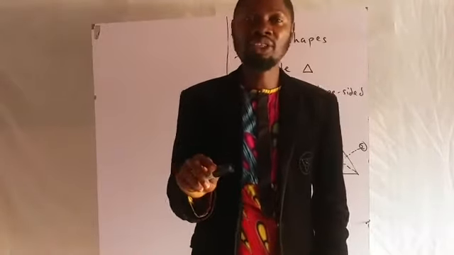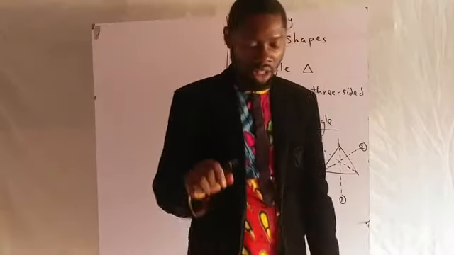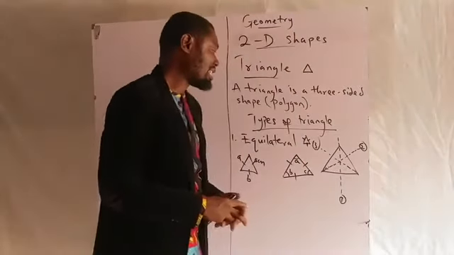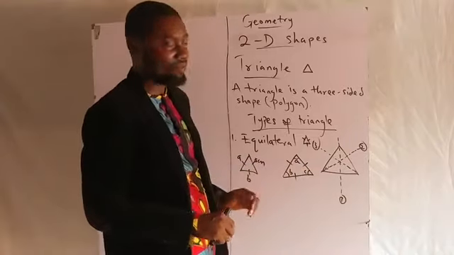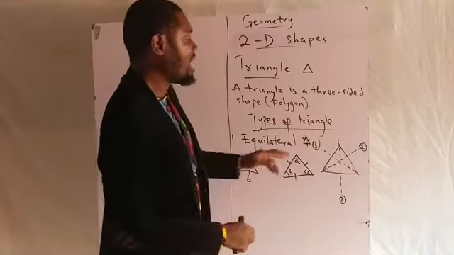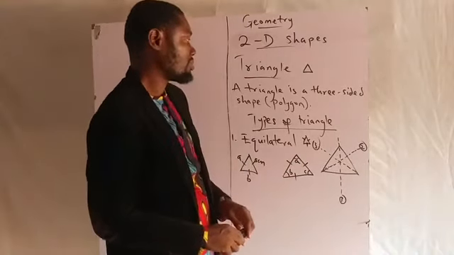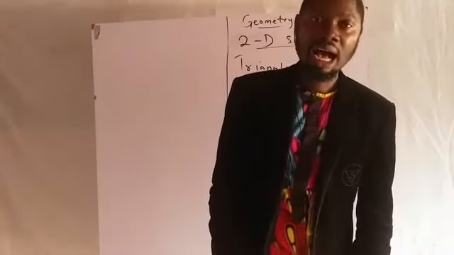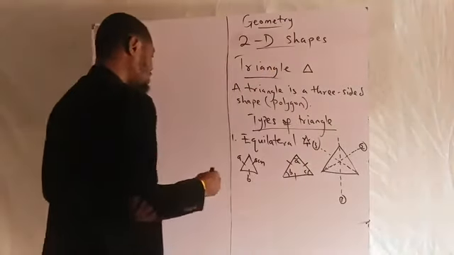You now know that an equilateral triangle has 3 equal sides, 3 equal angles, and 3 lines of symmetry. Quickly, let us consider the isosceles triangle.